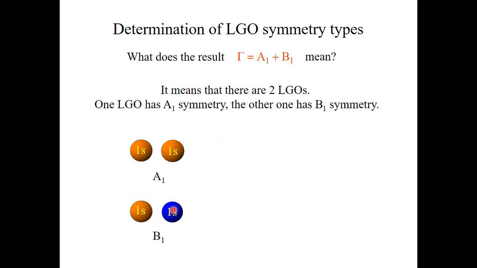So now the first case relates to the symmetry type A1, and the second case relates to the symmetry type B1. We can again very easily show this by applying the symmetry operations to the respective combinations.